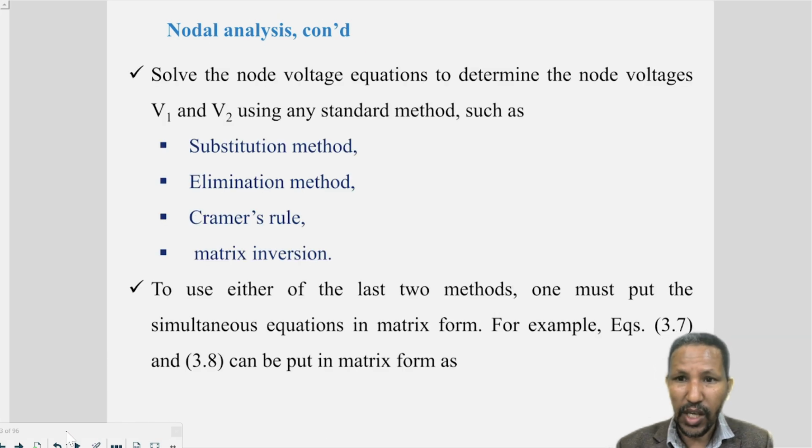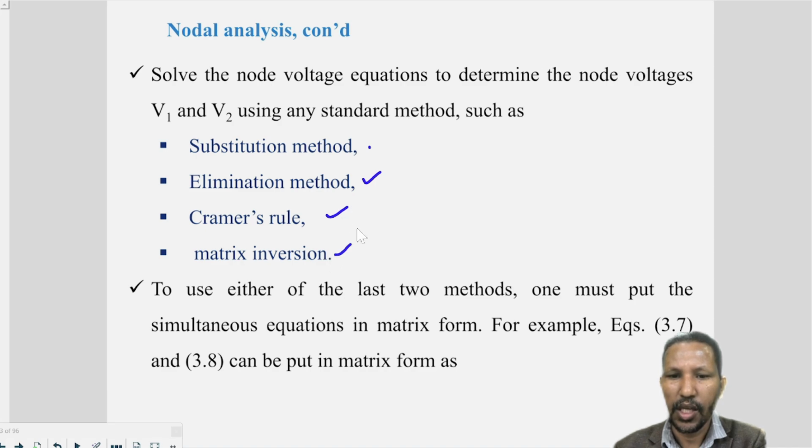After determining the node voltage equations, we are going to apply simultaneous equation solving methods: the substitution method, the elimination method, Cramer's rule, or matrix inversion. That means we solve the node voltage equations to determine the node voltages V1 and V2 using any standard method.